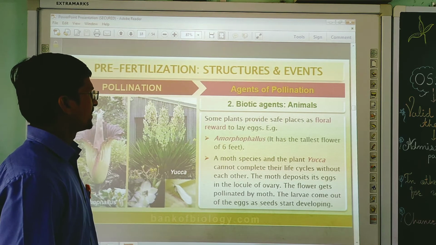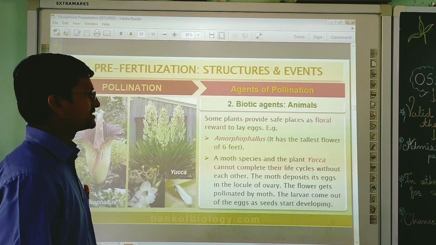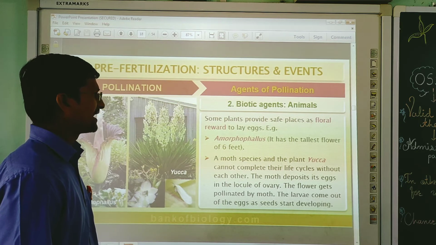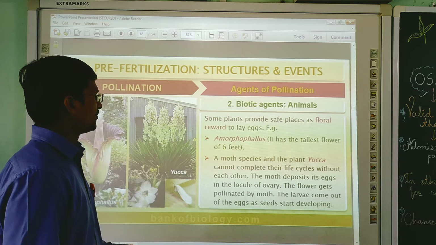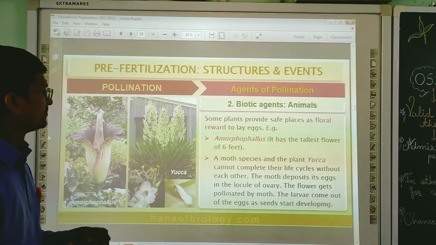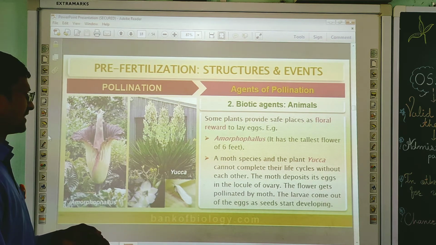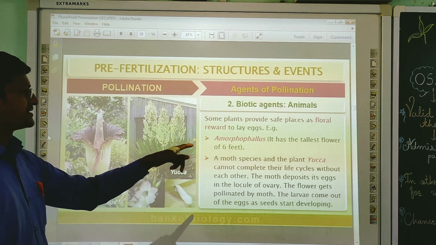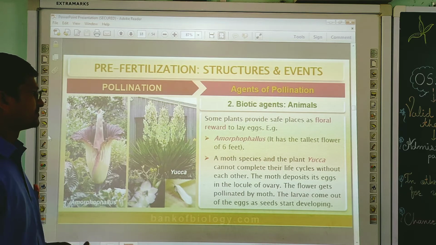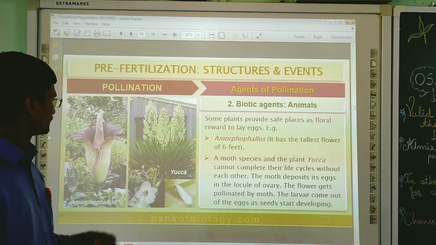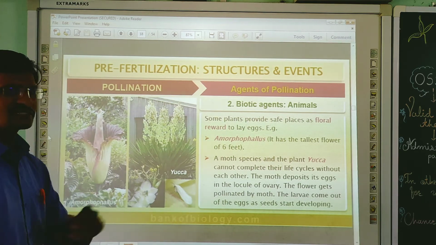So here some plants provide safe places as floral reward to lay eggs. In that Amorphophallus, here you can see Amorphophallus, it has the tallest flower of 6 feet. Remember this. You can see this on Discovery Channel.